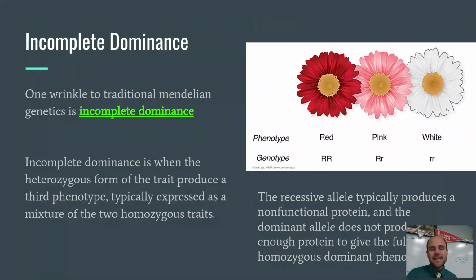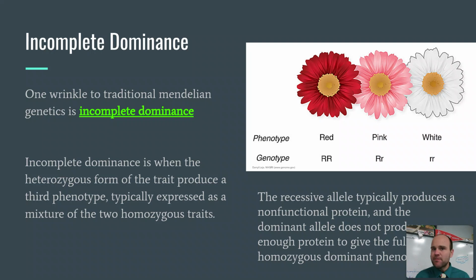So, for example, in incomplete dominance, this is a heterozygous form where that heterozygous genotype produces kind of an intermediate phenotype that's halfway between the recessive and dominant phenotypes. So heterozygous is almost dominant, but not quite. Imagine that same thing where pigment is being changed over from white to red by an enzyme.